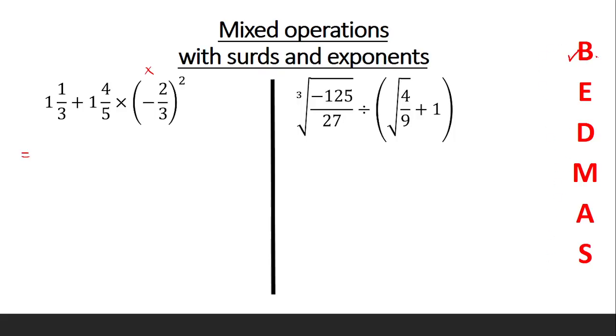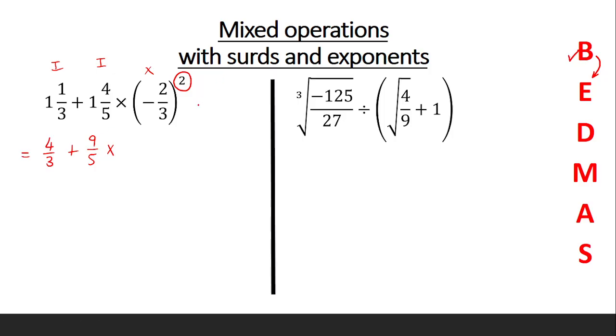Within the brackets, the first thing happening is exponents. Well, here's an exponent over here, so let's apply this. And while I'm at it, I'm just going to change everything to improper, just to make my life easier. So that's going to be 4 over 3 plus 9 over 5 times by.